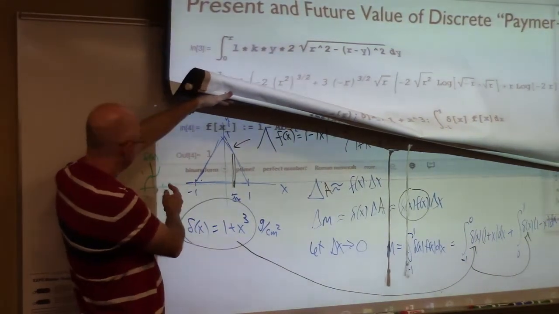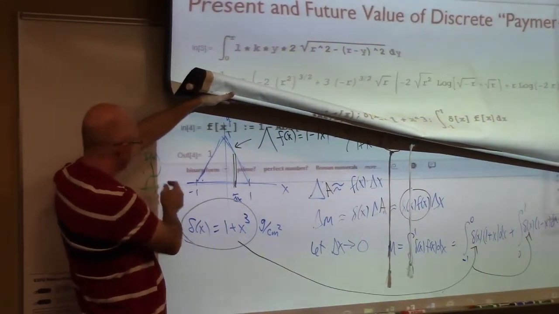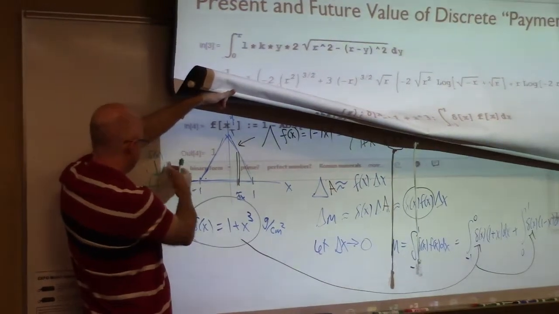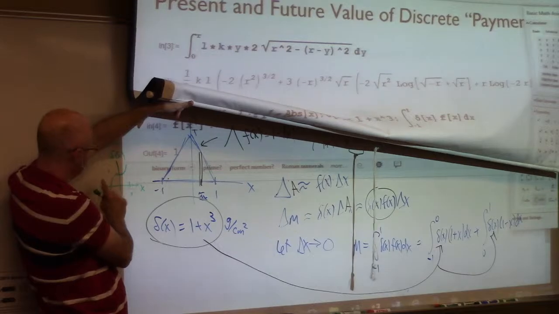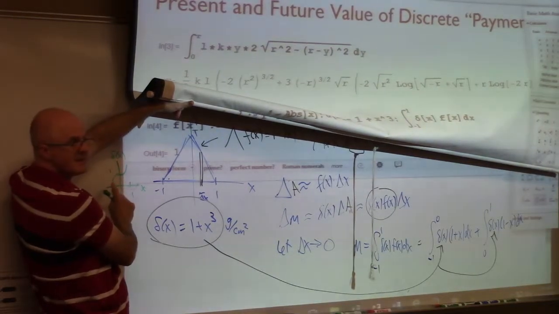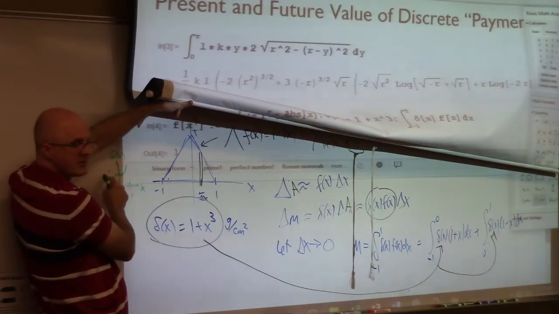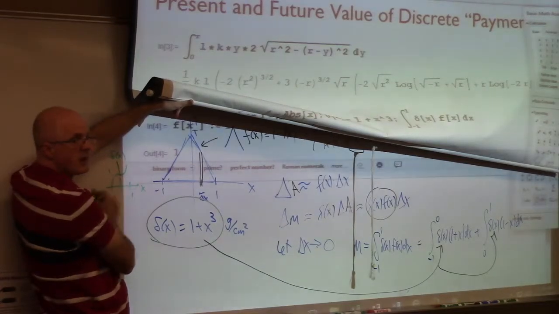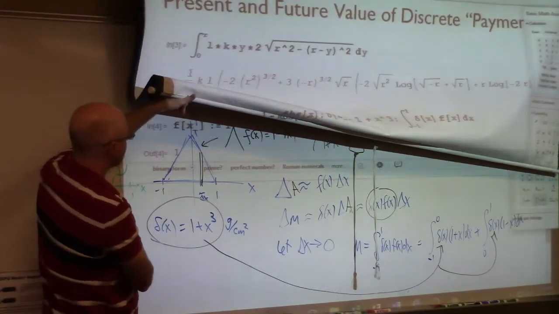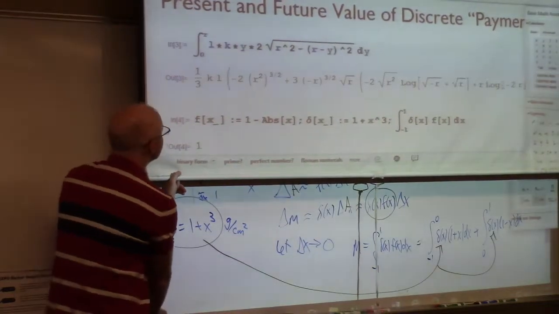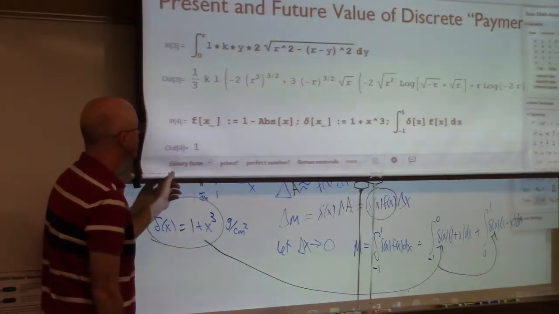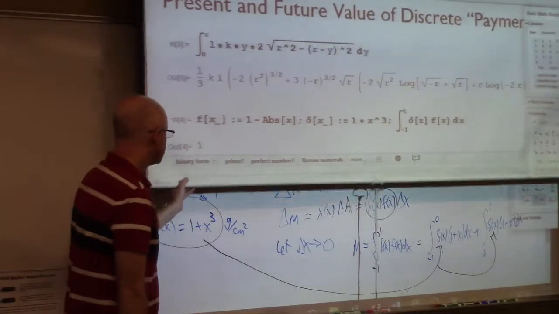Symmetry of this graph. This piece over here is like this piece, except reflected across the horizontal line at 1 and then across the vertical axis. The symmetry made me know that the average value of this function over this interval was 1. That's what allowed me to guess it. What about the moment? What would change here?